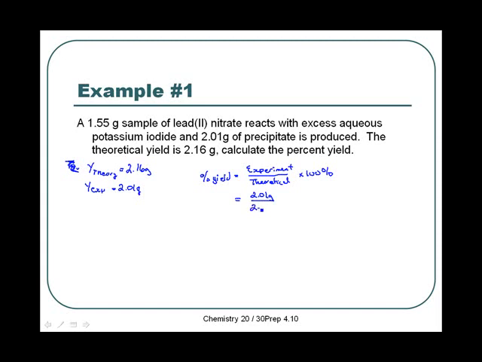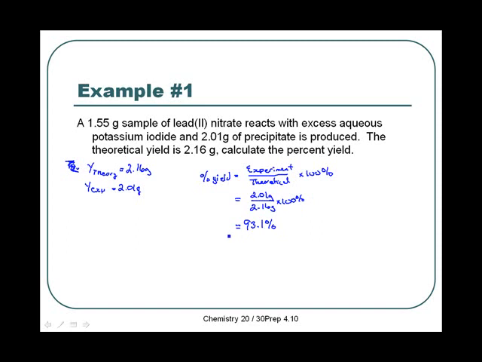The theoretical was 2.16 grams. And we're going to multiply that by 100%. So 2.01 divided by 2.16 times 100, and we get 93. And again, we're going to follow our same sig-dig rules. We have 3 sig-digs in our question, so we're going to have 93.1%.